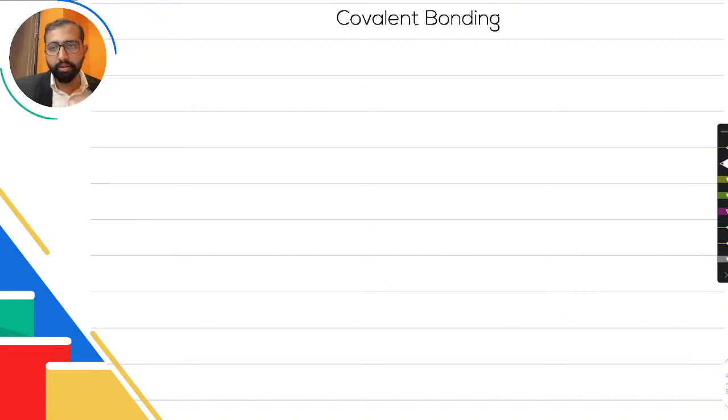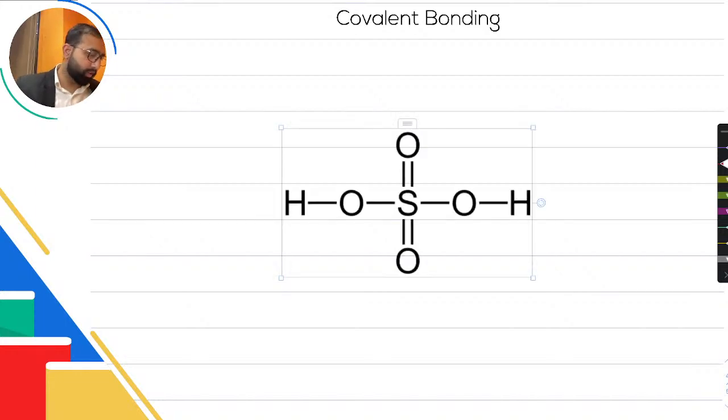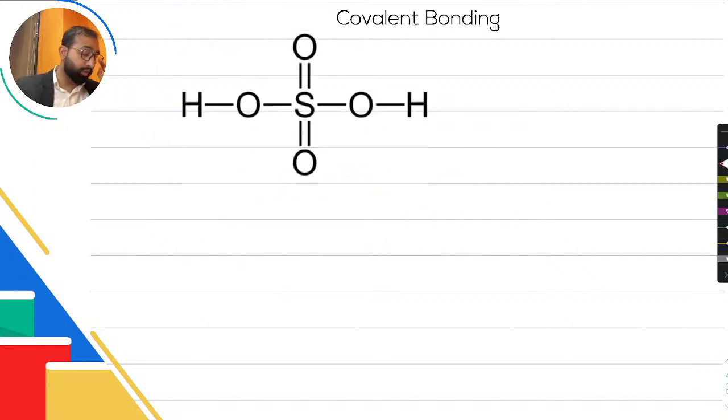Can't really find a good diagram, but all right, I guess this might do. All right, so we have a sulfuric acid molecule here. This one, they will not ask you to draw, obviously, because this is not required at this stage.